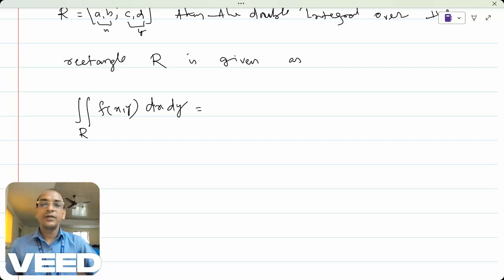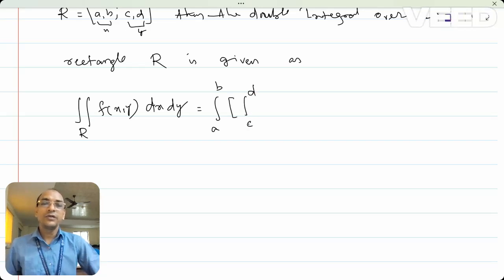And here if I want to evaluate individually, we can say integration a to b and then integration c to d. Since c and d are limits of y, I will write here f of x,y dy, and a and b are limits of x, so I can write here dx.